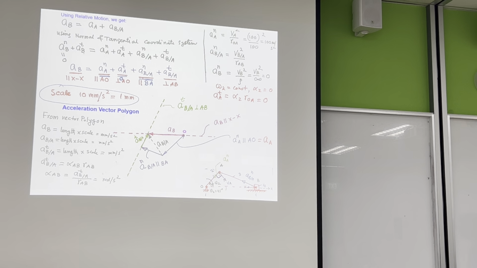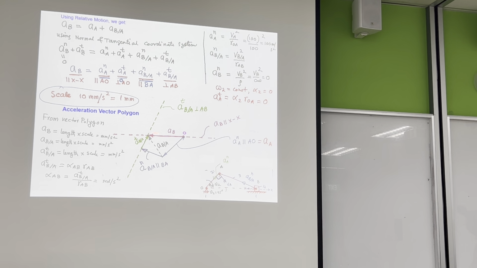Okay, and now what can we get from the vector polygon? Look at here. From here up to that point, I measure the length and multiply with our scale, and we get our AB tangential part. From here up to that point, we measure with the ruler how many millimeters, multiply with our scale, and we get our absolute AB, which is here. And from here up to that point, we calculate how many millimeters, multiply with our scale, and we get our absolute relative ABA.